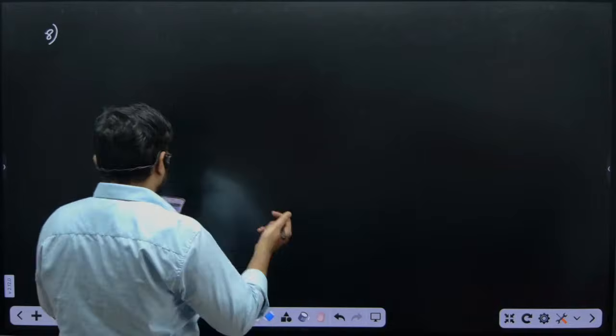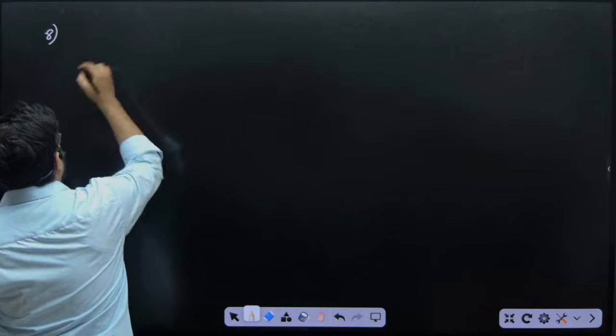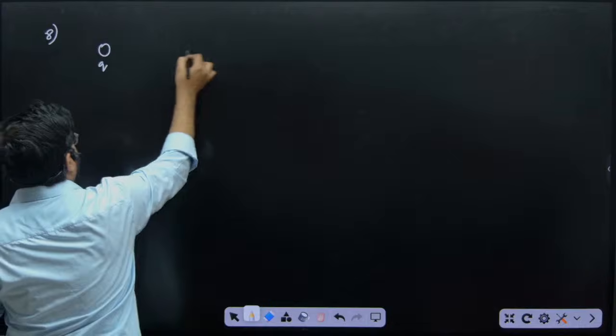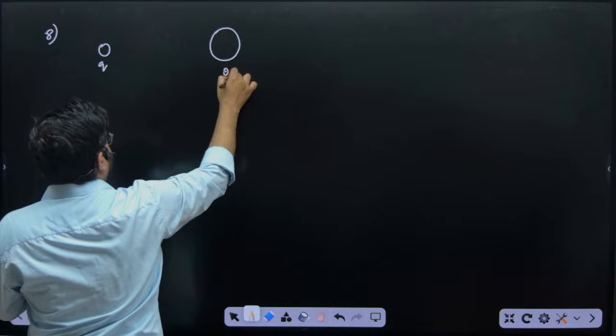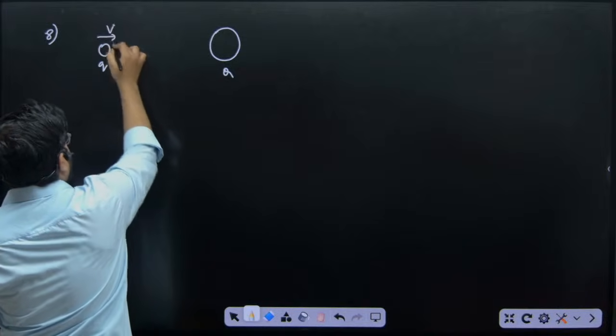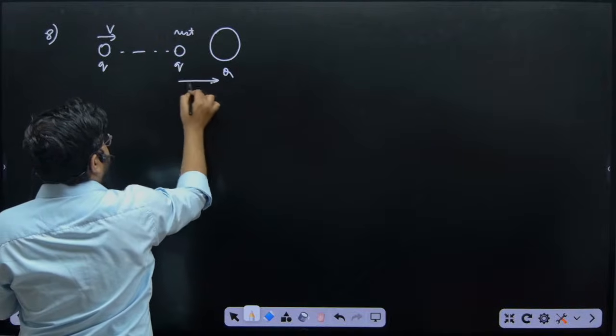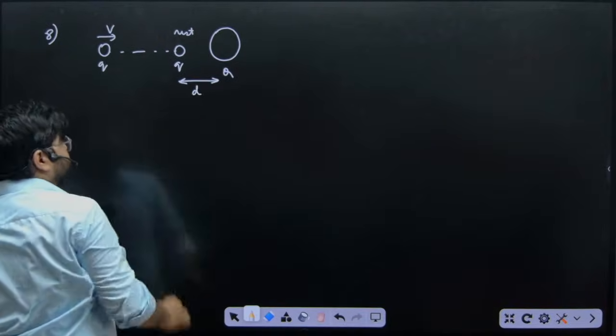So distance of closest approach: you must know this. If a charged particle is projected towards another charged particle with some velocity, it will get repelled and finally come to rest somewhere. Then this distance is known as the distance of closest approach.